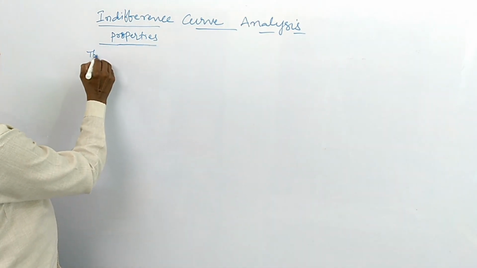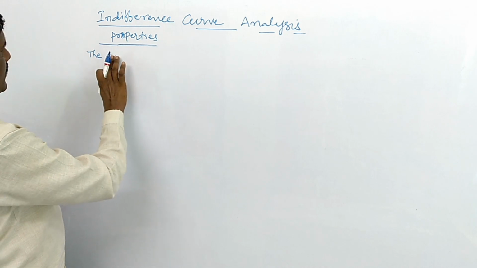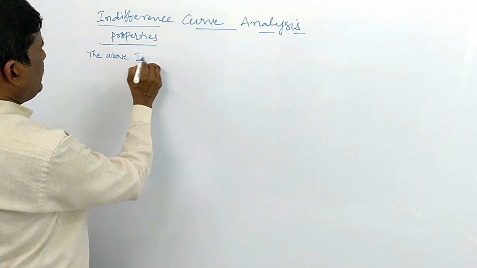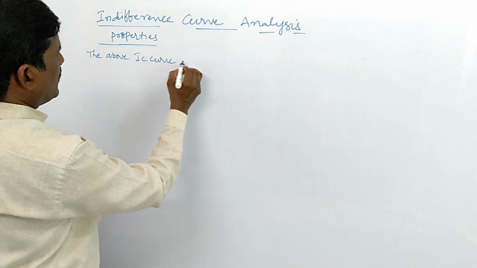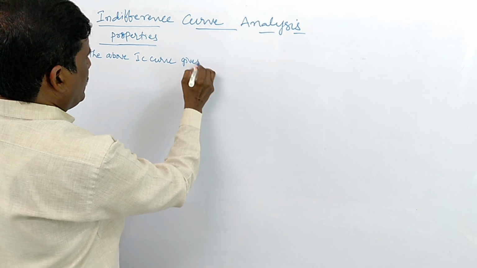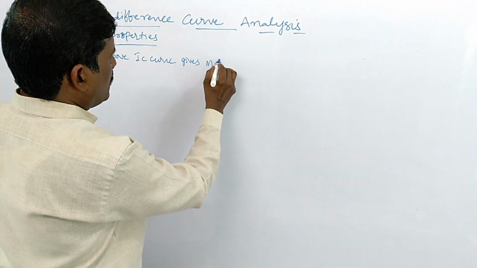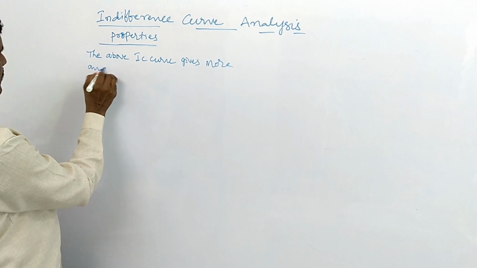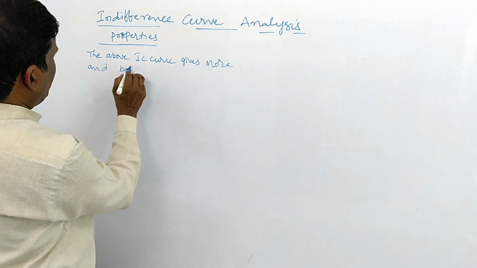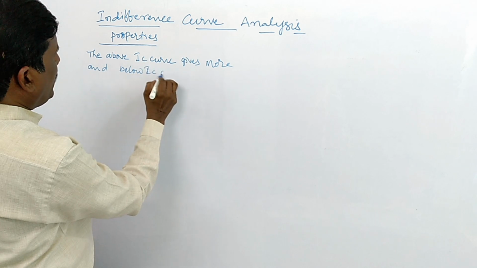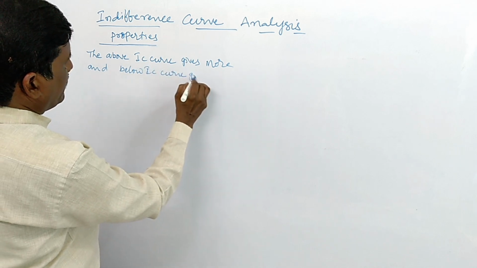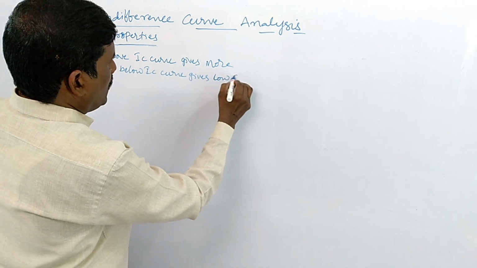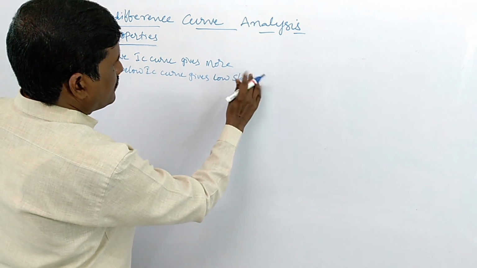The above IC curve gives more and below IC curve gives low satisfaction.